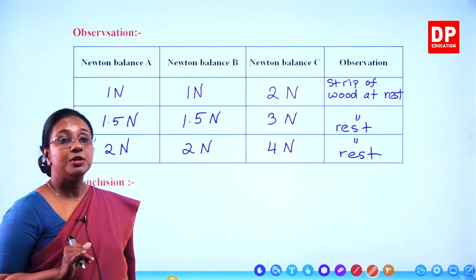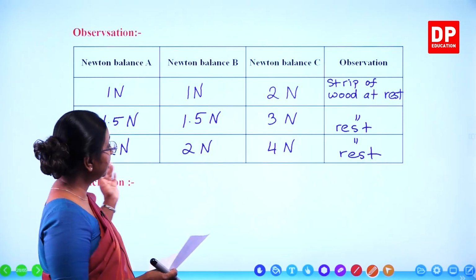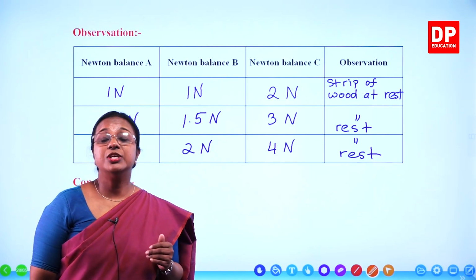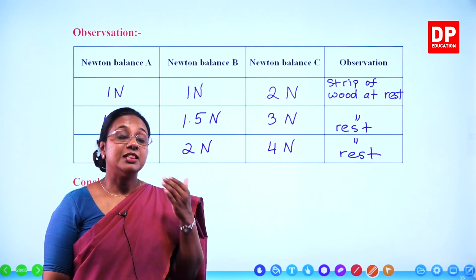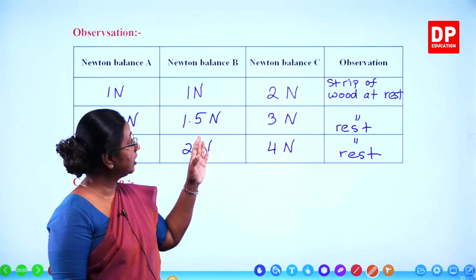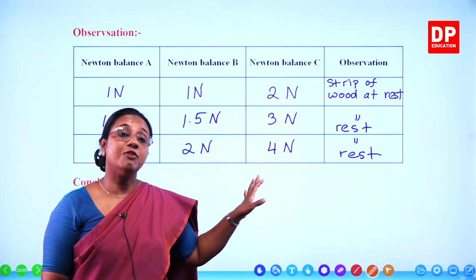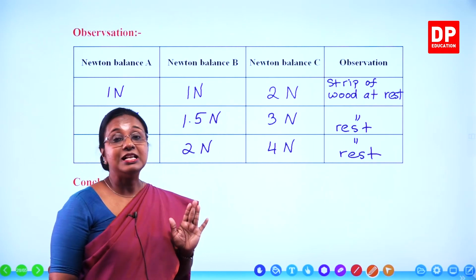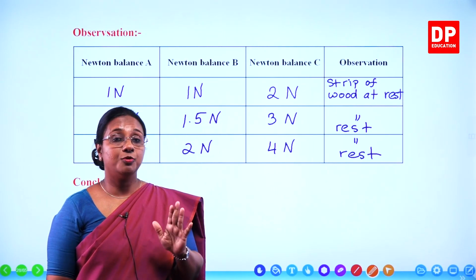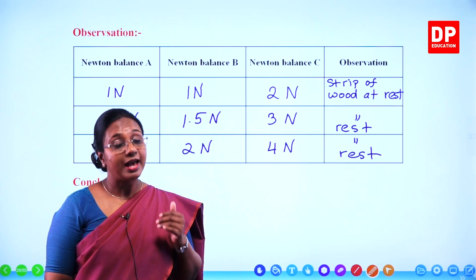So you were able to observe all those. Then again I continued the activity using 2.5 Newton. There also, when both were equal to 2.5 Newton, you were able to see that the reading of Newton balance C was 5 Newtons, and still the strip of wood did not move. So those were the observations that we got from the activity.